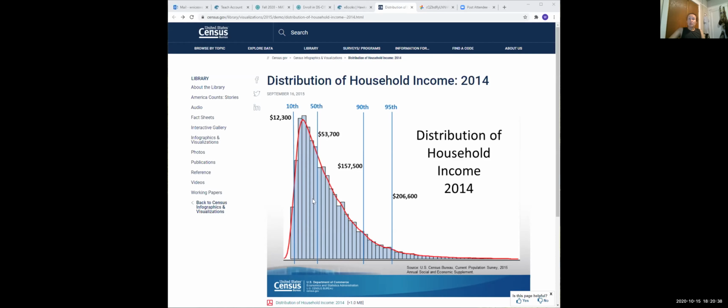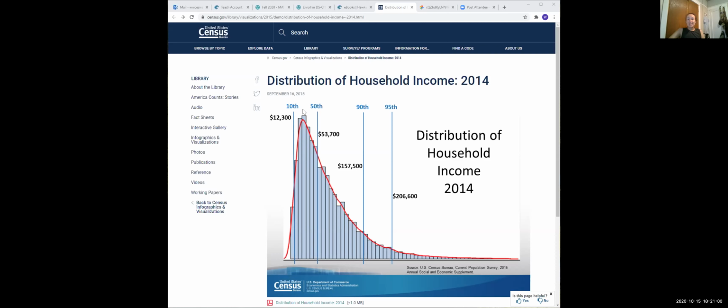There's a lot of households that make, what's in here, this must be like $30,000 a year, okay? So this is going to be our mode, because the most number of households make $30,000 a year, okay?